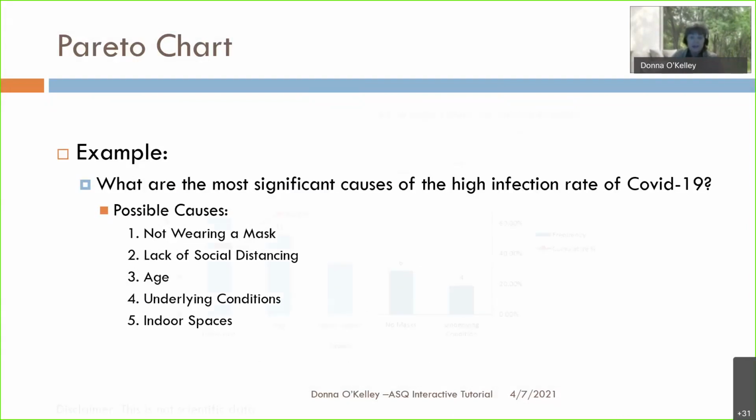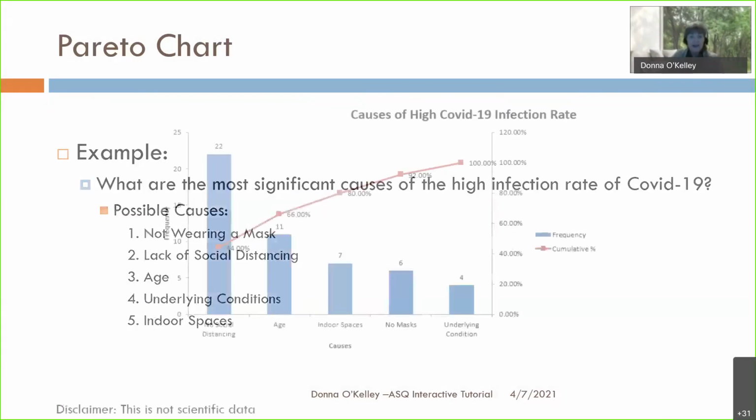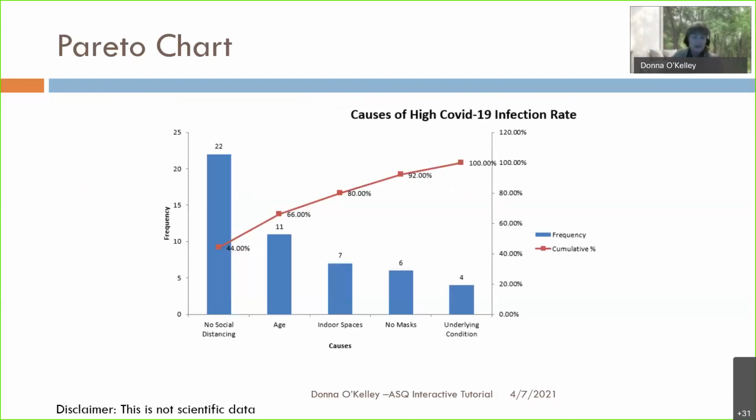Again, this is just made up data that shows the main cause in this case: not social distancing, then age, indoor spaces, not wearing a mask, and underlying conditions.